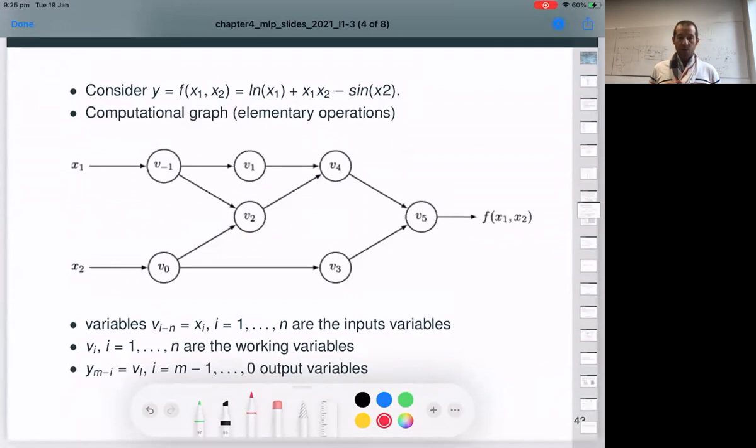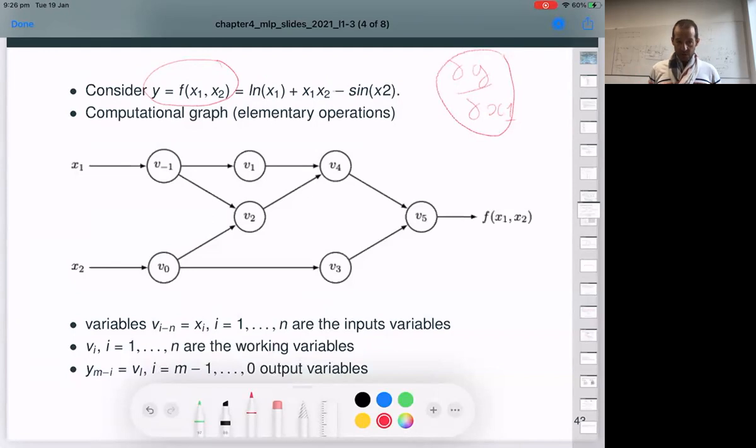We have this function, our target function. And for example, we want to get the derivative of this function with respect to x1. So in fact, I want to compute this by using automatic differentiation, and we will first compute it by the forward mode.